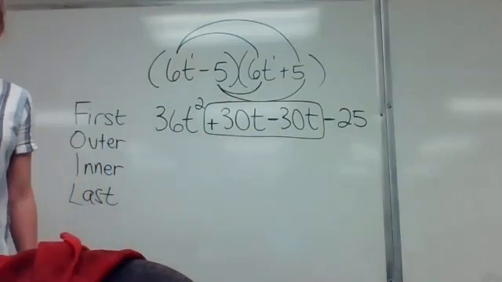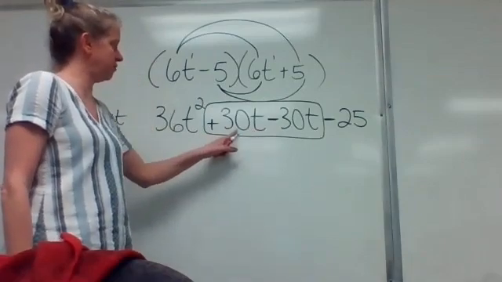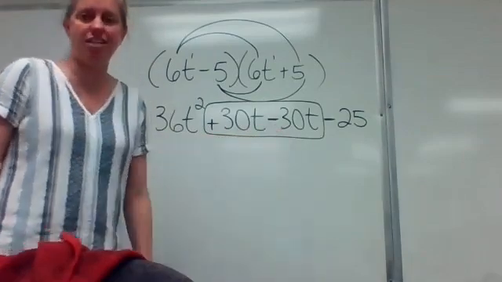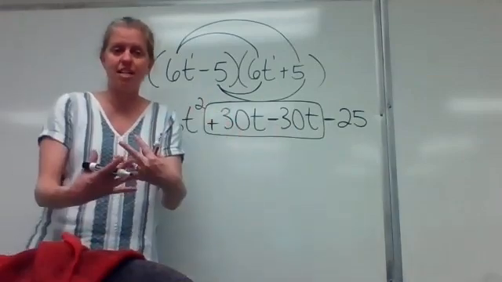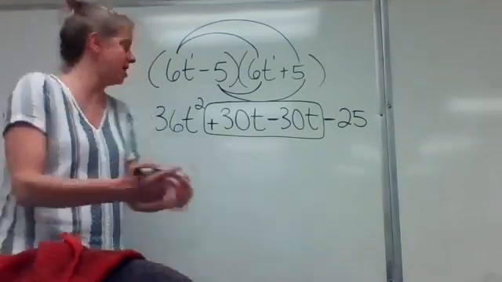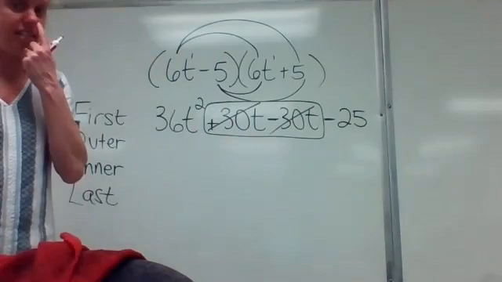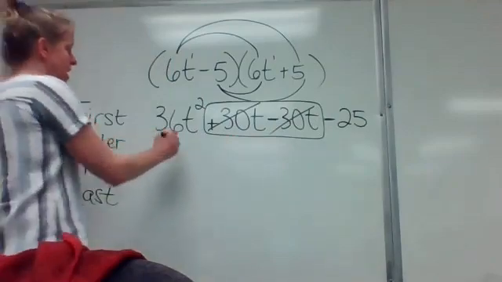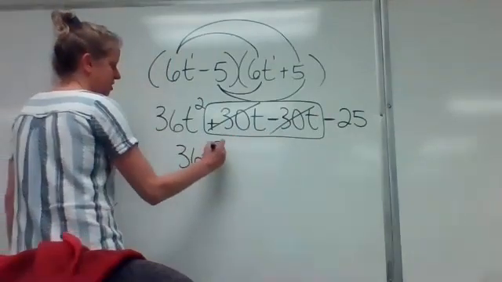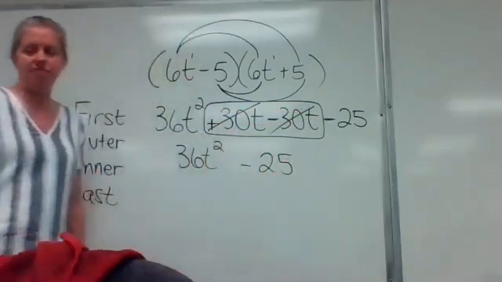Those are both t's. But look what you have. You've got a positive 30t and a negative 30t. So when you put those together, they actually cancel each other out, right? If you've got 30 minus 30, you have nothing. You don't have any t's. So all you're left with is the 36t squared and a minus 25.